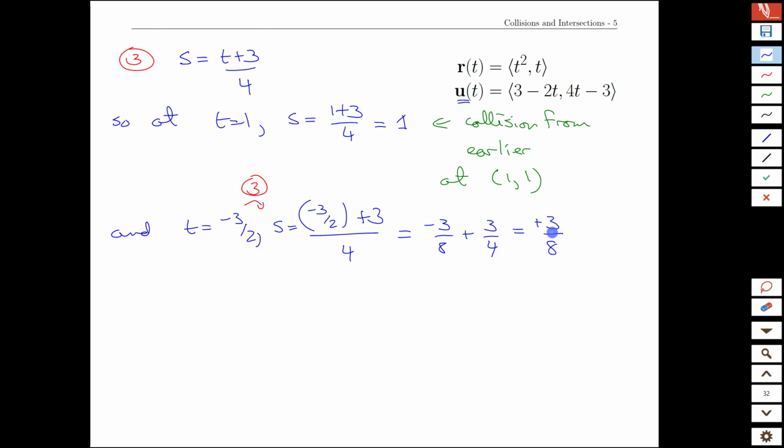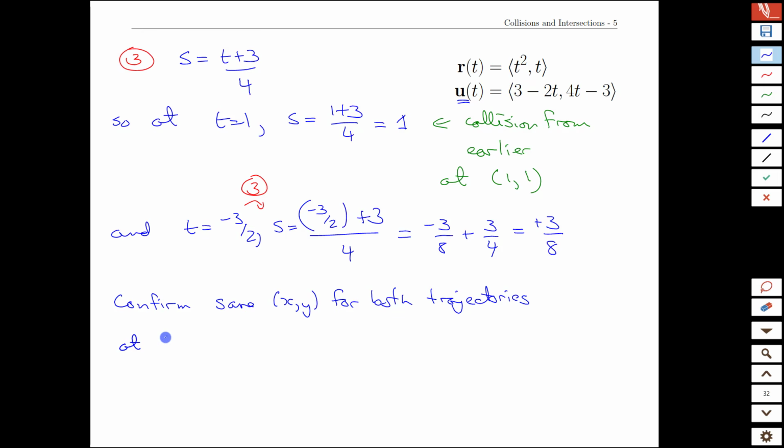Now let's just confirm the same xy for both trajectories. How do I know for sure that we haven't made a mistake?